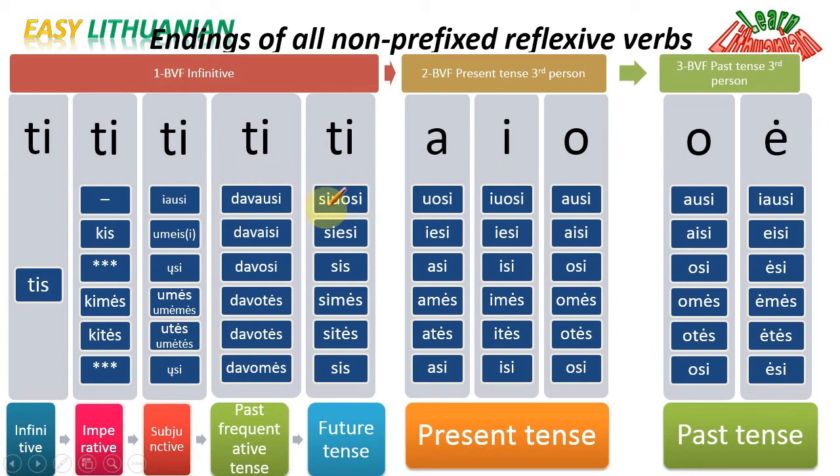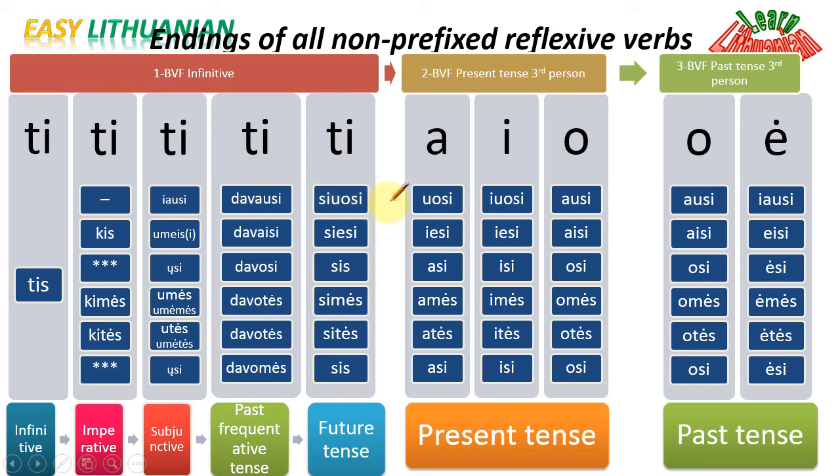Aš dirbsiu, I will be working, and of course dirbti doesn't have a reflexive version, but in dirbsiu, o changes to uosi. So for example, praustis, to wash oneself. It means to have a bath or to have a shower. So praustis, you take off the t and you say prausiuosi, I will be having a bath or a shower.